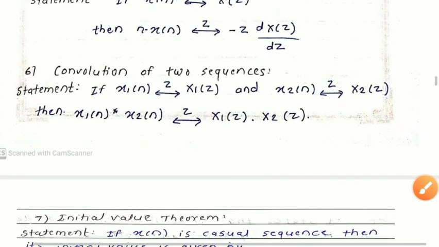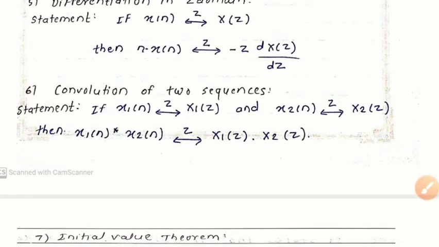Then the next one is the convolution of two sequences, which is a very important property of the Z transform. Many times examples were asked in the examination on the convolution property of the Z transform. So this is one of the most important properties. We can see its statement.